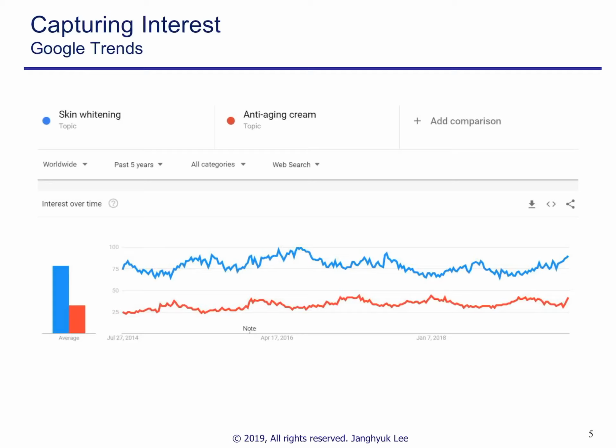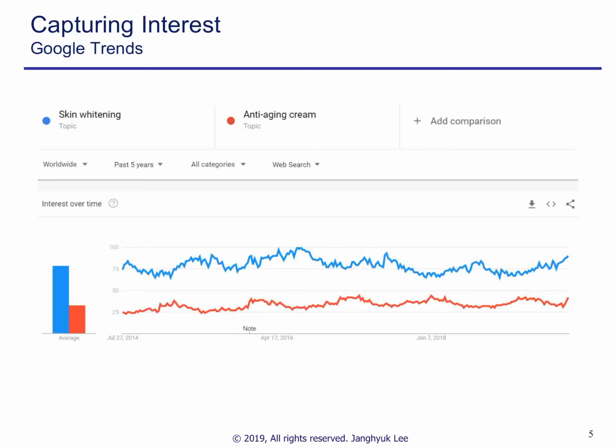It's about cosmetic products. In cosmetic products, there are some important attributes, the characteristics of the product, whether the product is addressed to whitening skin or to fighting against aging, like anti-aging.